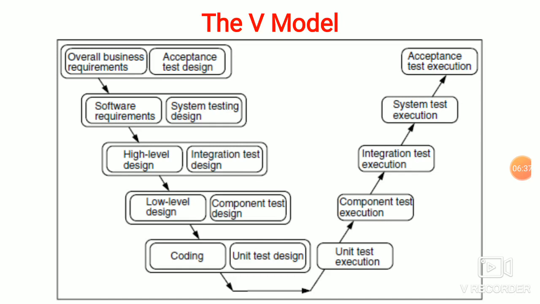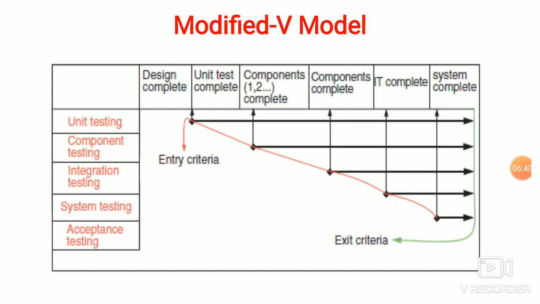Now we will see the next one, that is the modified V model. This modified V model is the next version of the V model. The modified V model recognizes that different parts of a product are in different stages of evolution. Each part enters the appropriate testing phase, such as unit testing, component testing, acceptance testing, system testing, and so on, when the appropriate entry criteria are met.